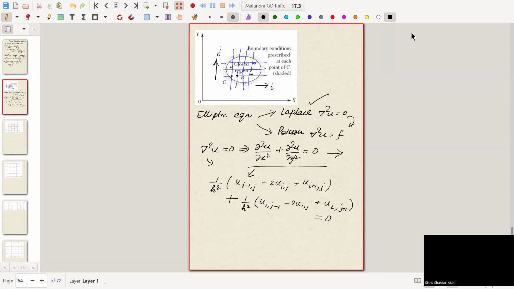Using finite difference, now our job is, can you find Uij from the above equation? Just one line.